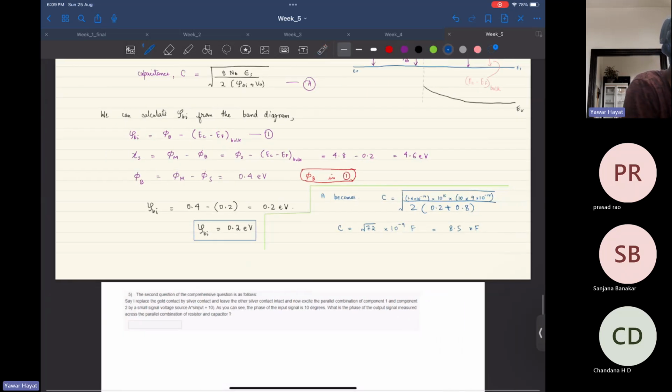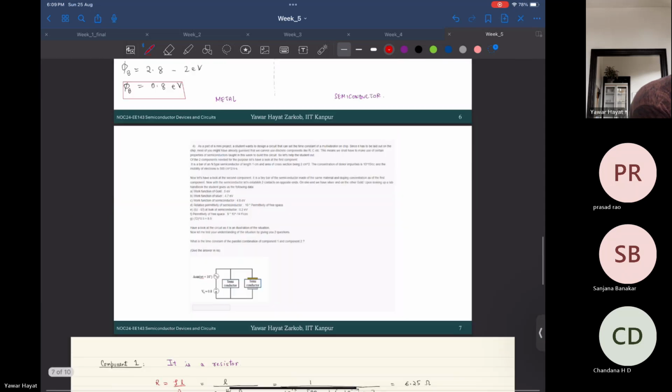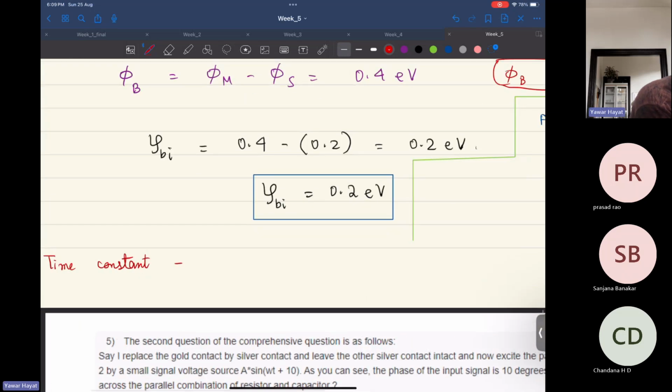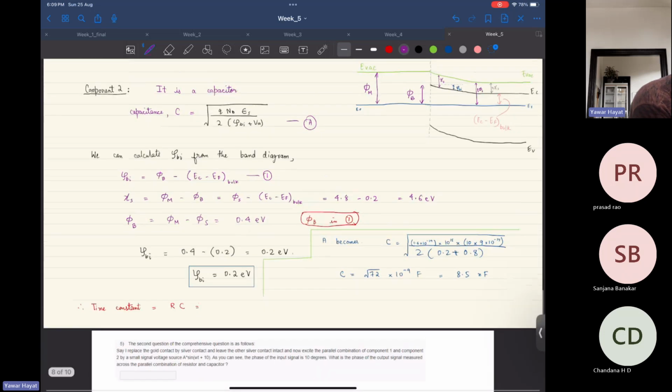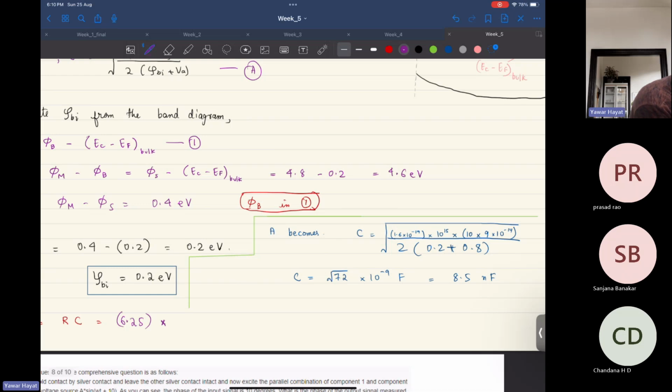So I'll just directly write now. Fine. Time constant of parallel combination is equal to RC, which is nothing but, what is our R? 6.24 multiplied by, and our capacitor, that is 8.5 times 10 to the power minus 9.